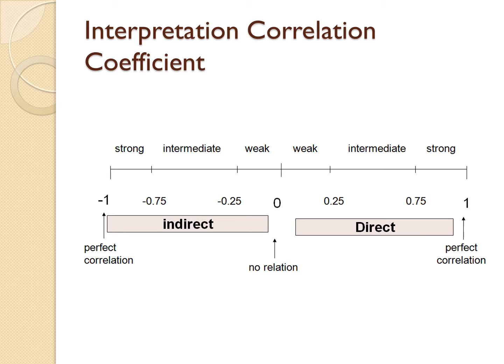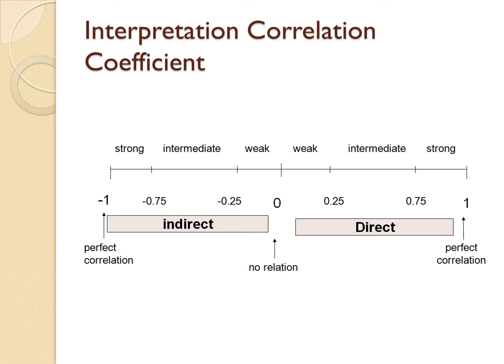Correlation coefficients are unitless measures. The value of correlation coefficients range between -1 and +1. The sign of the correlation coefficient denotes the nature of the association, while the value of the correlation coefficient denotes the strength of the association.